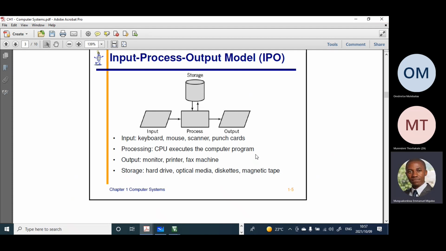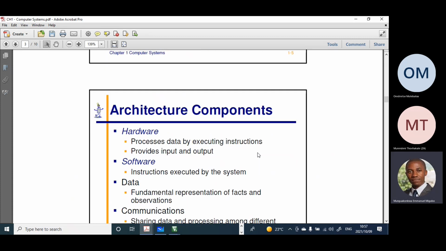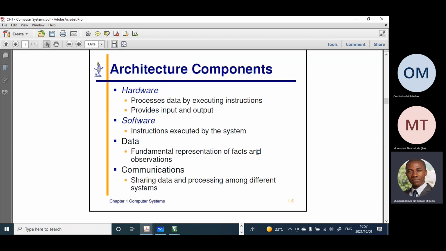Okay, so that's the model we use to model a computer system. Now, in terms of architecture components, the elements that define the architecture of a computer system are the hardware, of course, the software, data, and communication.